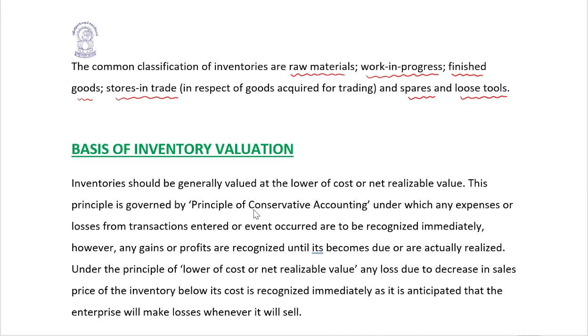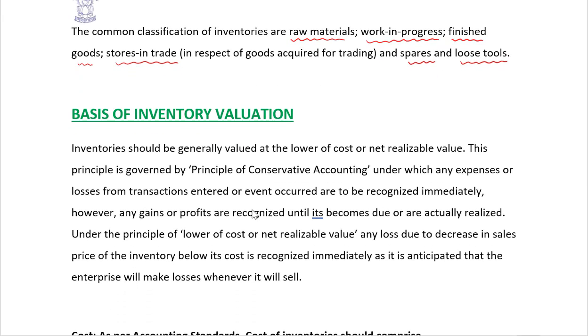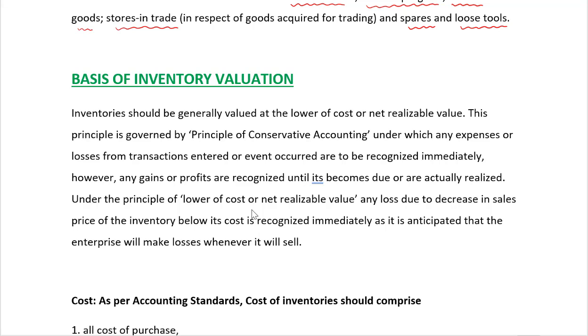Let us continue and see another topic, that is the basis of inventory valuation. How we will value the inventory. Inventory should be generally valued at the lower of cost or NRV, that is net realizable value, cost or NRV, whichever is lower, as per Accounting Standard 2, valuation of inventories.